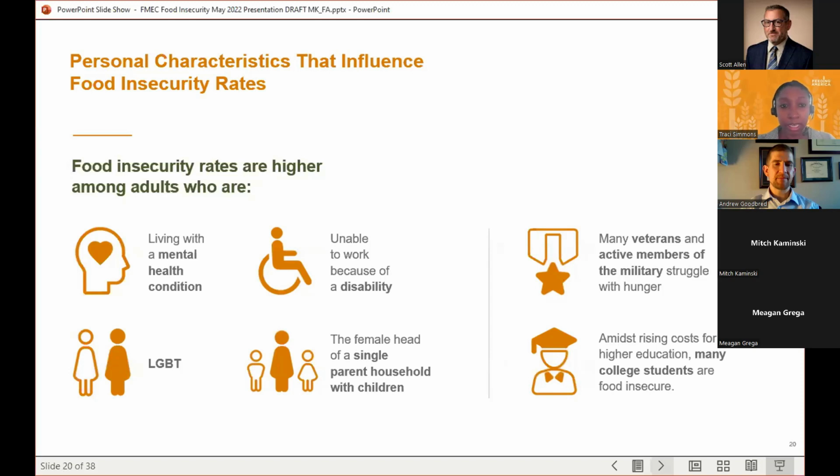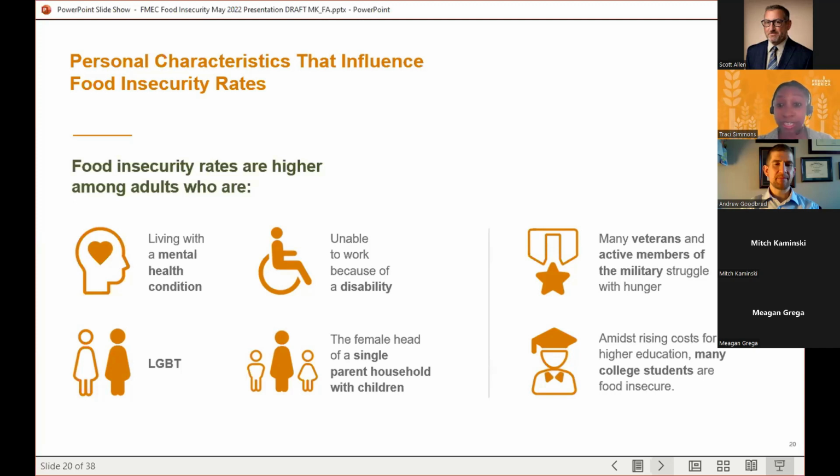Food insecurity already impacts a lot of individuals, as we saw by the statistics, and there are concurrent characteristics that also impact and influence food insecurity rates. We know that folks who struggle with mental health conditions also have higher rates of food insecurity. Higher rates of food insecurity are also seen within communities with individuals who have disabilities, female-headed single-parent households with children, as well as the LGBTQ+ community.